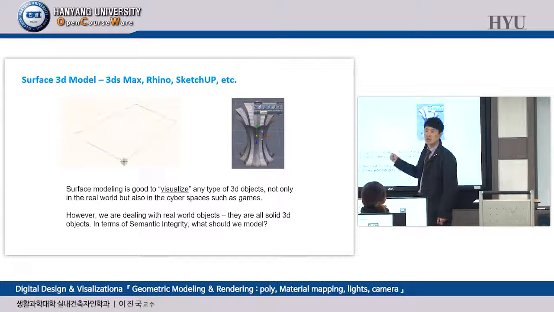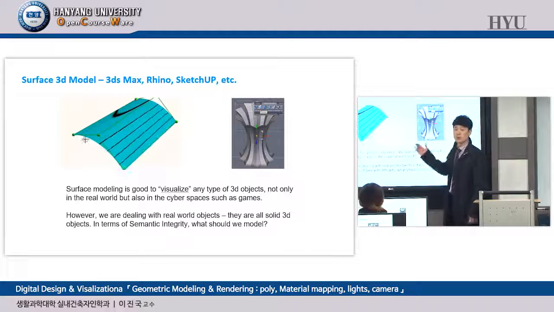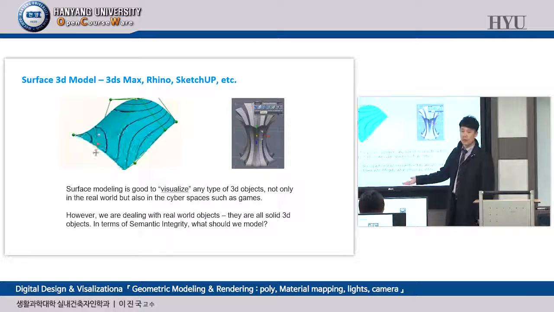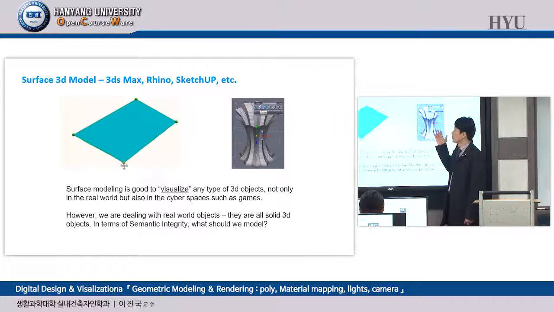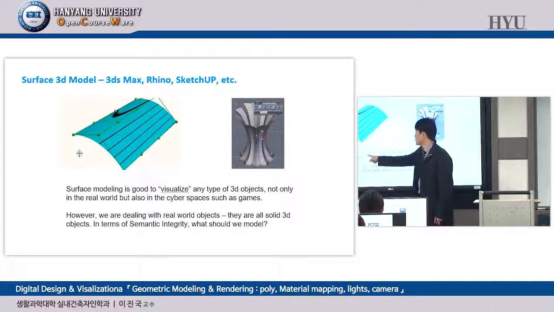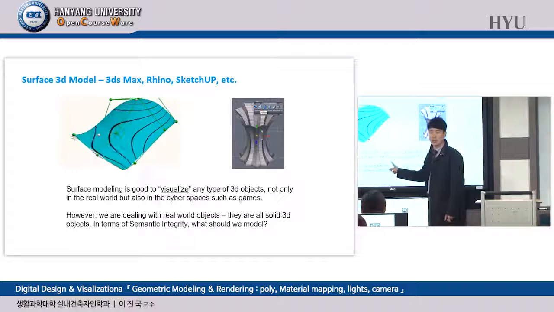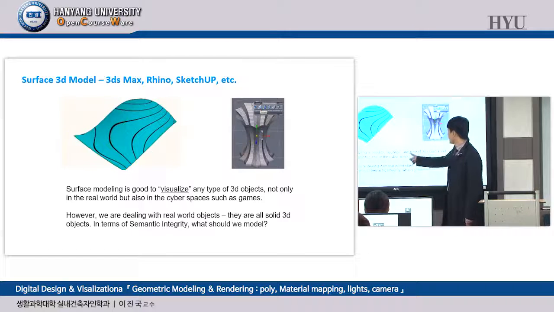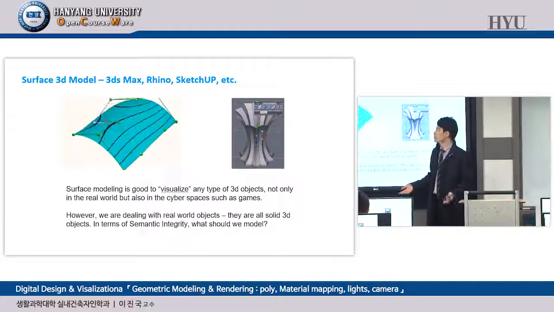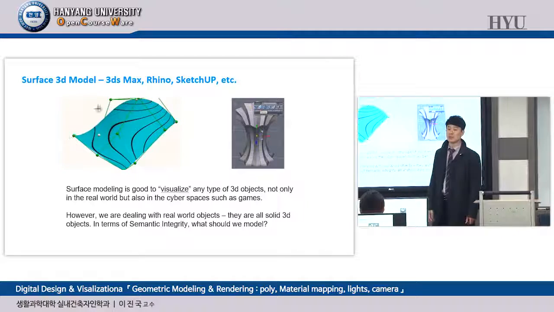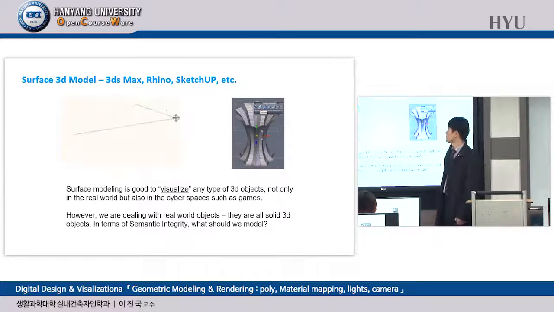No thickness. In the real world, there is no such object. There is no line, no point, no surface, okay? But they are very nice to visualize. Any type of 3D object can be visualized thanks to this surface-based 3D modeler.